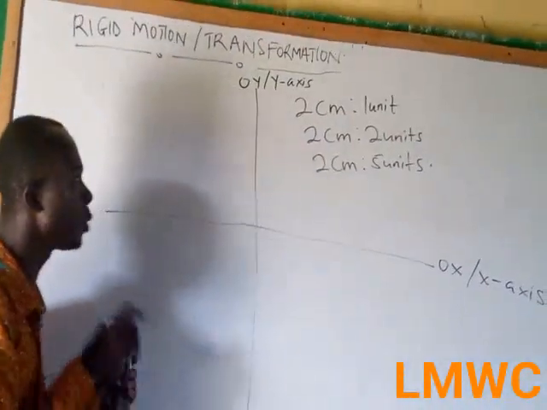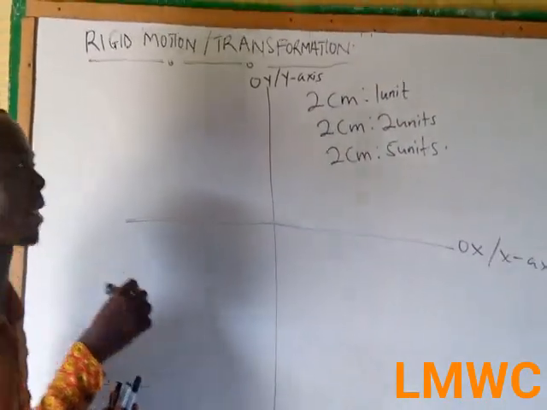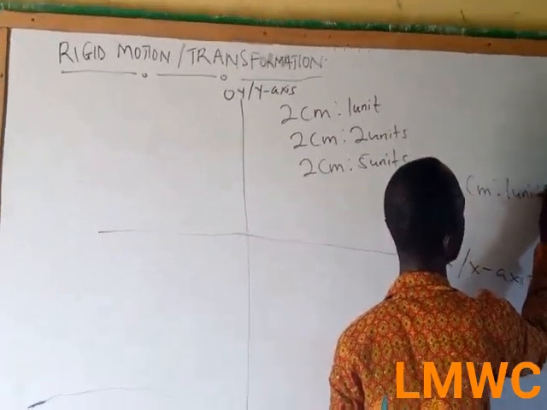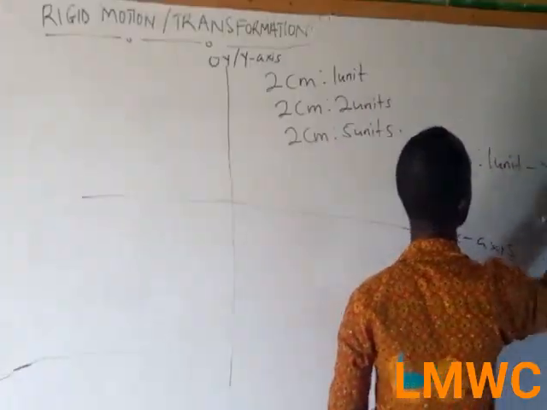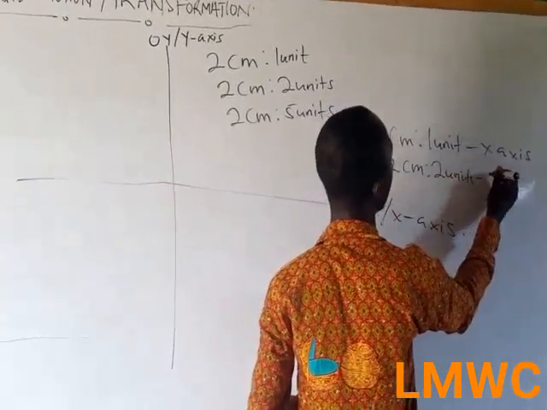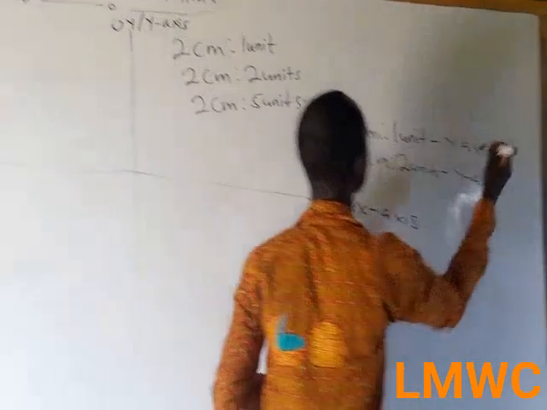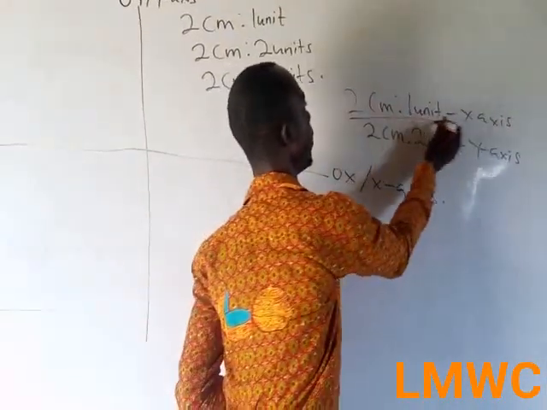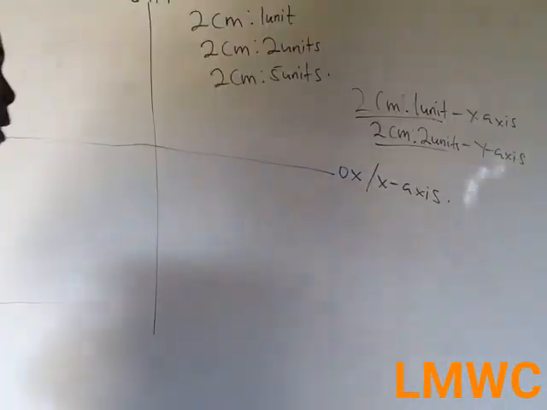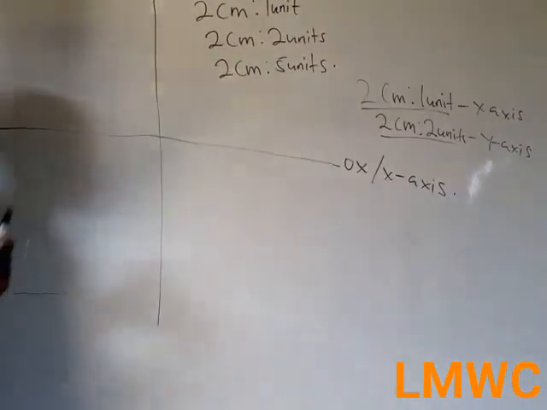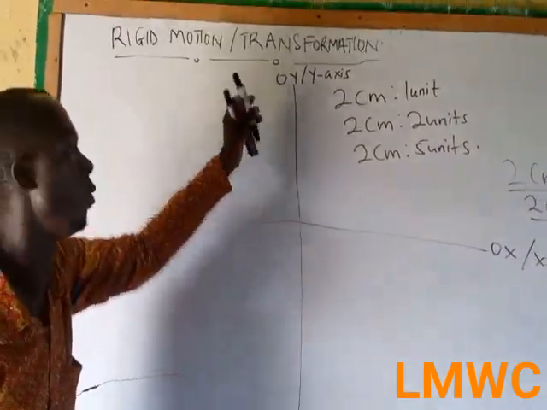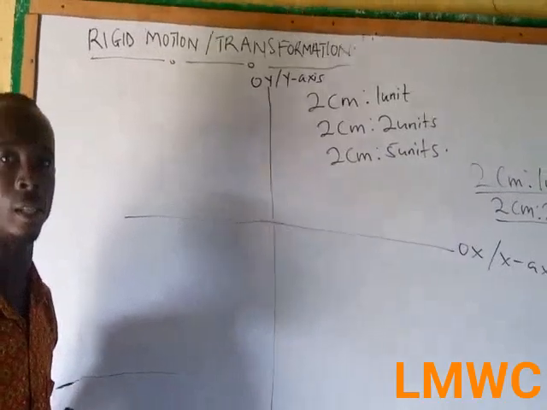But if you are given 2 centimeters to 1 unit on the x-axis, and 2 centimeters to 2 units on the y-axis, this means the x-axis will take its scale and the y-axis too will take its own scale. So always note it carefully. But if you are fortunate and they give you 2 centimeters to 2 units on both axes, this means both axes will take the same scale.